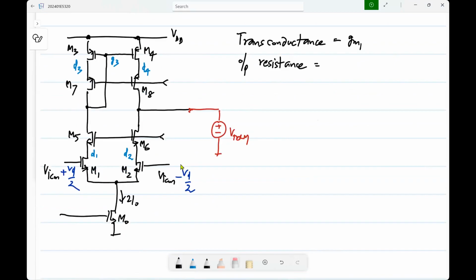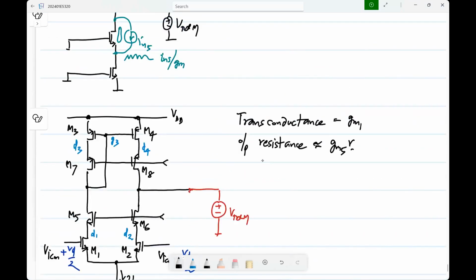We can do the same thing as earlier. We can take the parallel combination of the branch below and the branch above. Okay. So this is approximately GM5 RDS5 RDS1, in parallel with GM7 RDS7 RDS3.